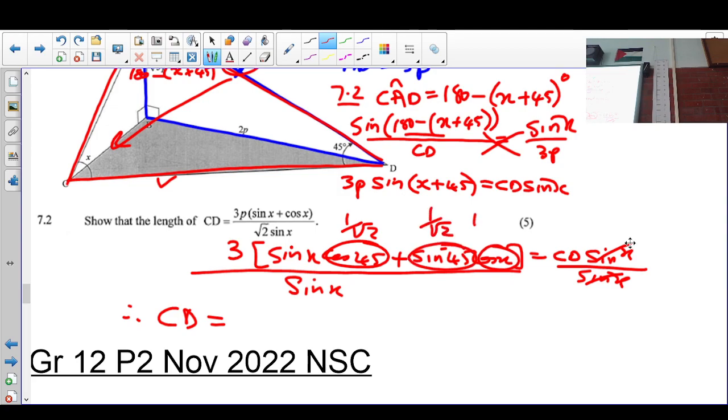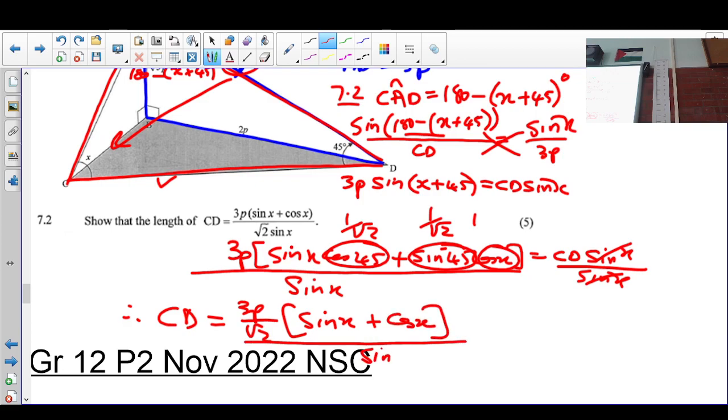I'm going to take out 1 over root 2 as a common factor. Yes, there must be a p in it. So it's going to be 3p over root 2 into sine x plus cos x, and this is all over sine x.